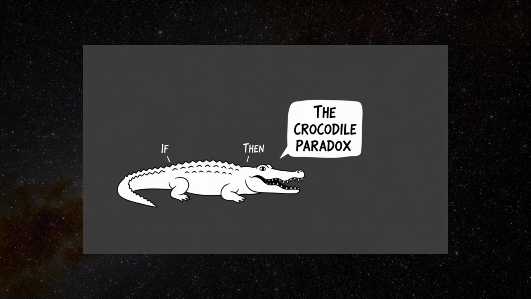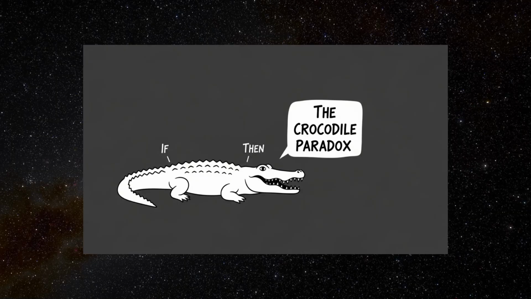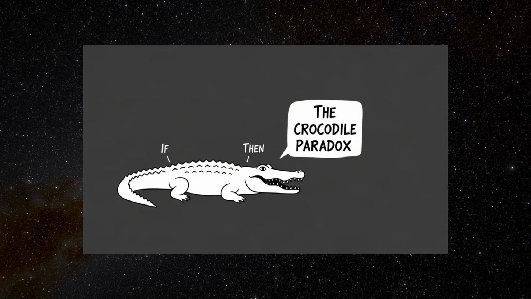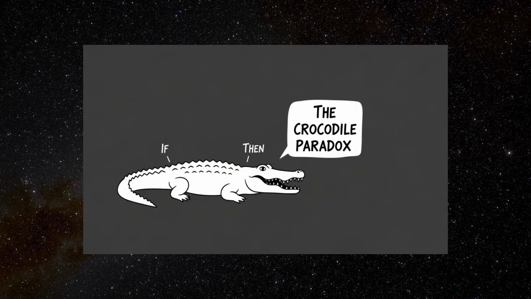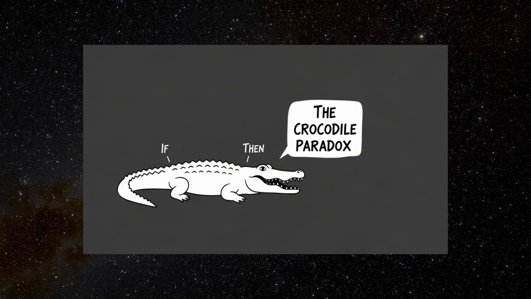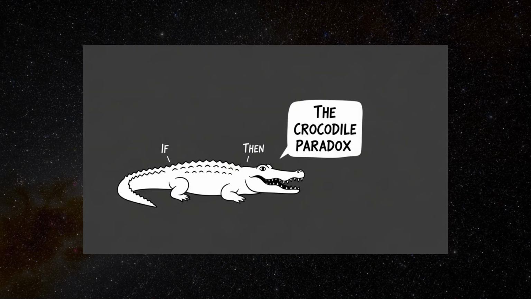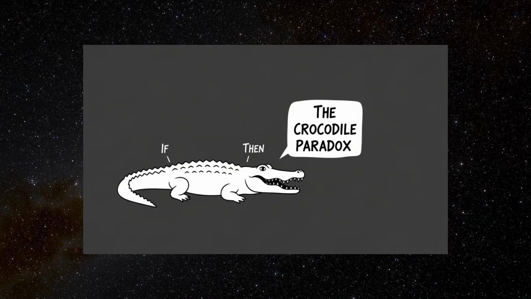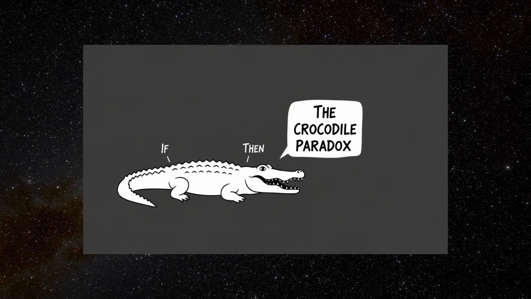In both scenarios, the crocodile violates the conditions he himself laid out. If the parent is right, the child must be returned, but then the prediction becomes wrong. If the parent is wrong, the child must not be returned, but that makes the prediction right. The result is a logical contradiction in which no action the crocodile takes can satisfy the conditions of the agreement without simultaneously violating them.